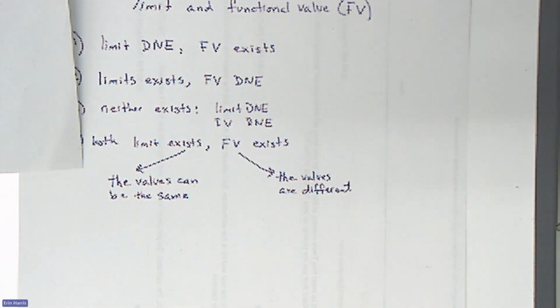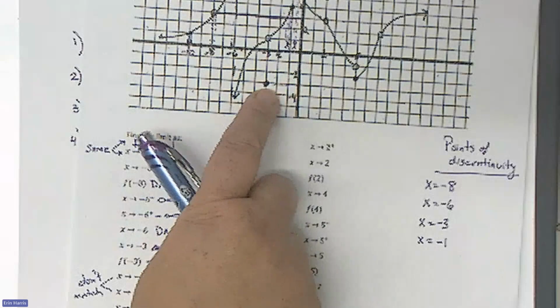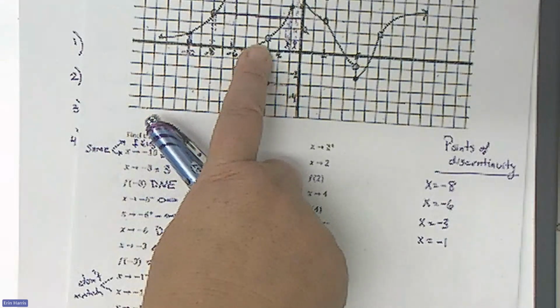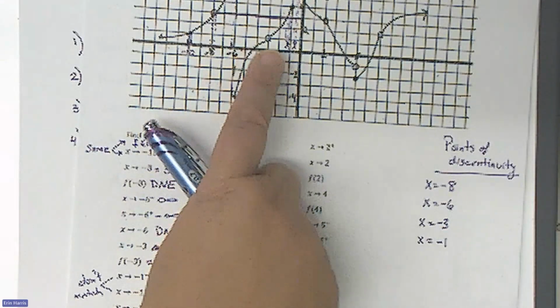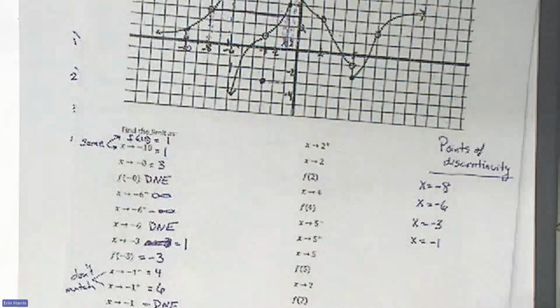Okay, so think about what it looked like on the graph when we just saw that. Okay, because we actually saw that at -3 on the graph, where both existed, right? If I stepped on -3, my output was -3, but the limit was 1. Okay, so they both existed, but they were different. So these are all of our possible scenarios.